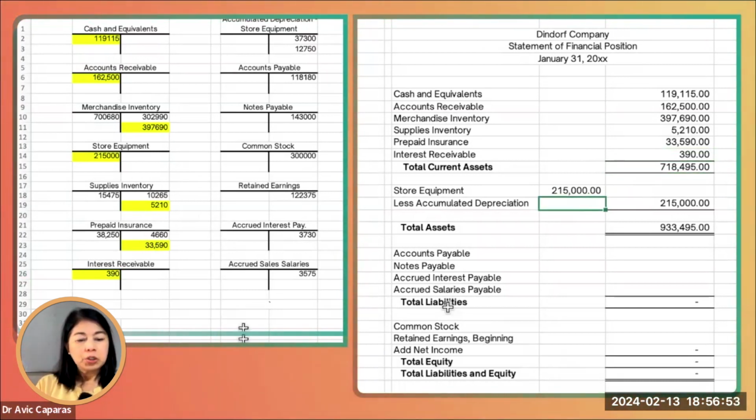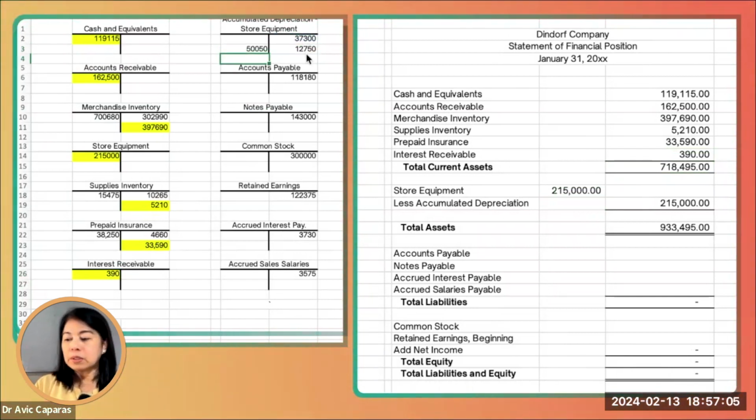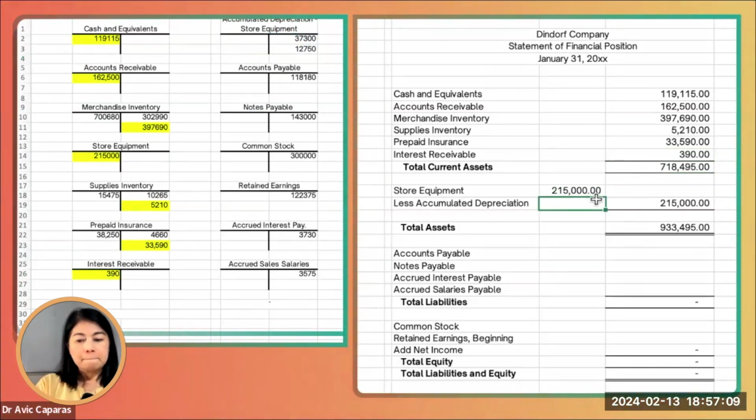And then depreciation, you remember the depreciation is the total of this one plus this one, 50,050. Account 118,118.